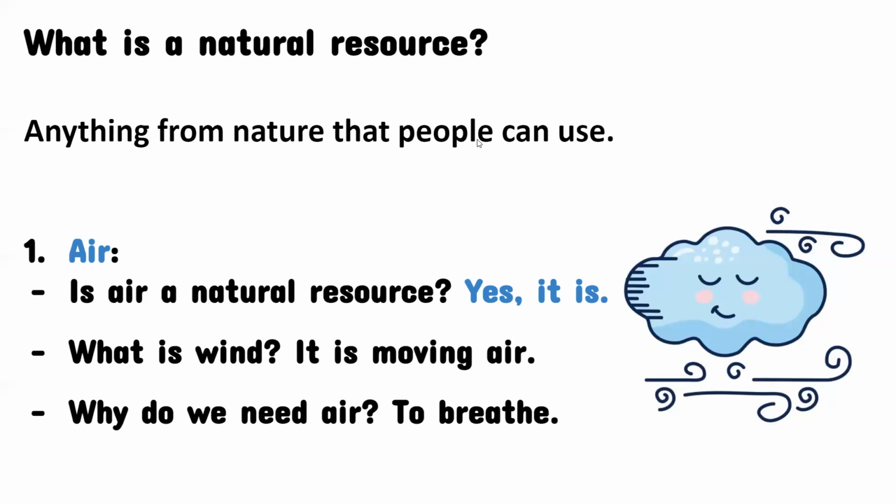So that's what we say we have wind. So what is wind? It is moving air. So when the air moves, we call it what? Wind, okay? In Arabic, الريح.